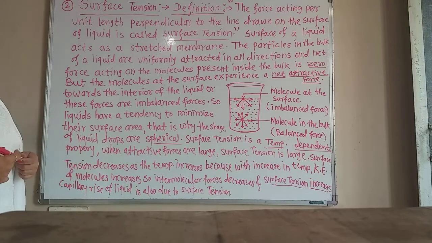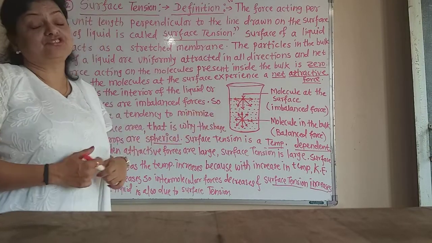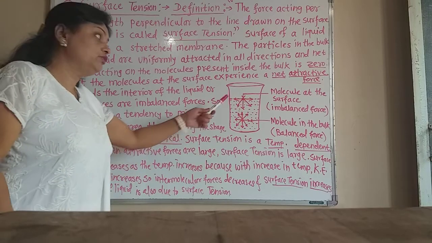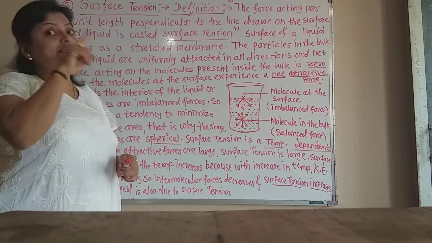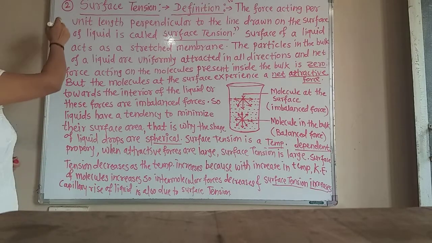Therefore the drop of liquid takes a spherical shape because liquids have a tendency to minimize their surface area due to this surface tension, or the imbalanced force on the molecules present on the surface. So the liquid drop always has a spherical shape.